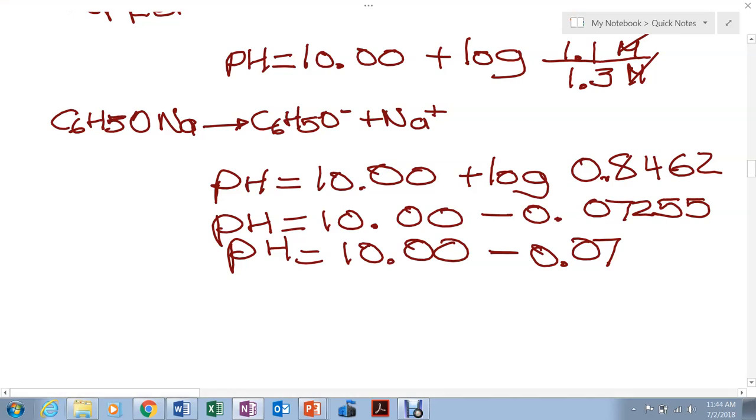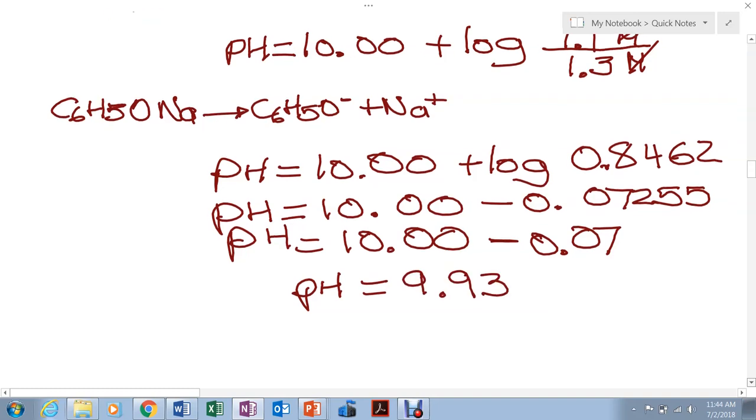And that's the answer I got. So the pH would be 9.93. Let's move forward.